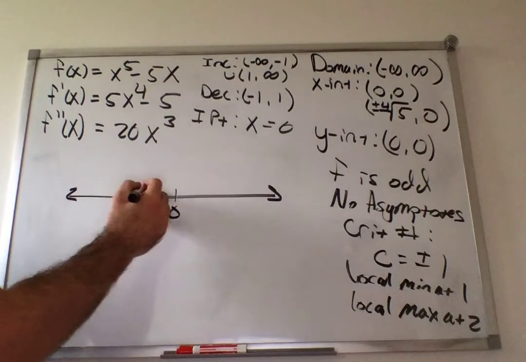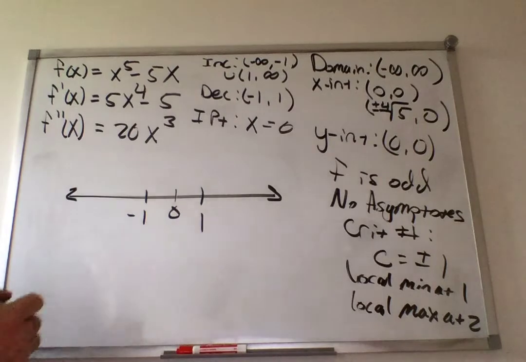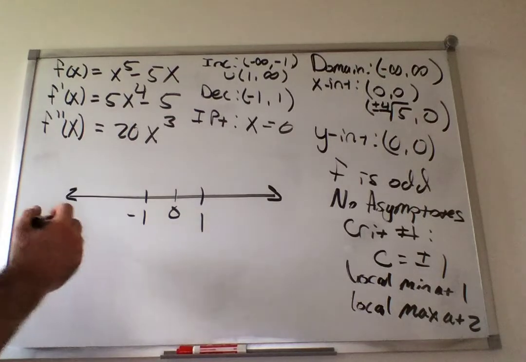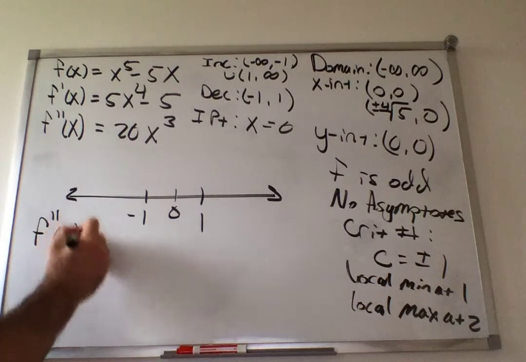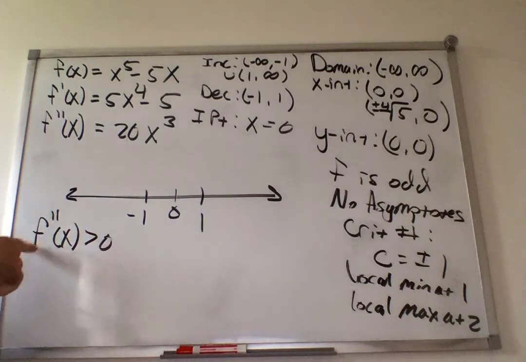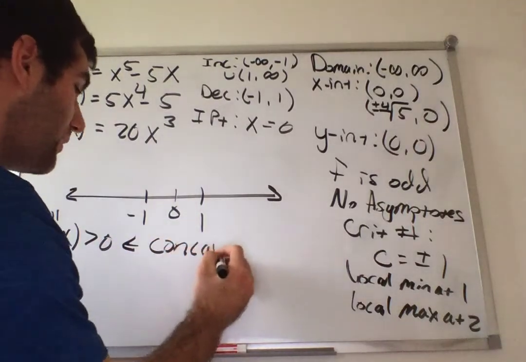So now you just pick test values, let's see, -1 and +1, and see whether you are positive or negative on that interval. If f double prime of x is greater than 0, this is concave up.